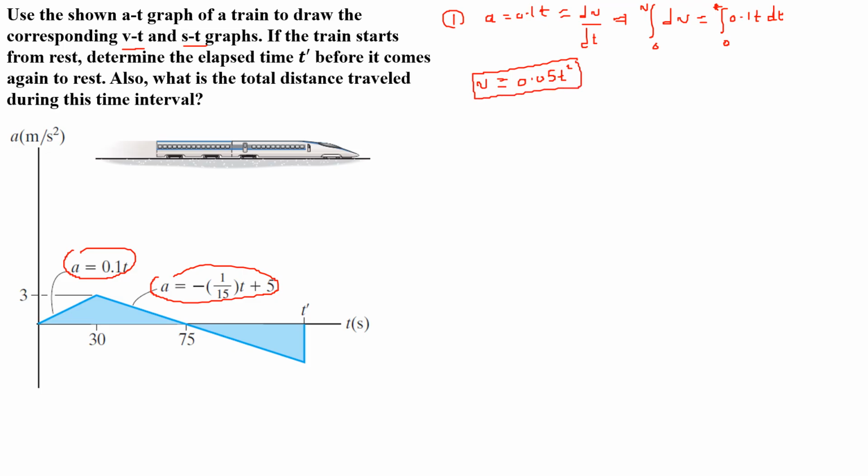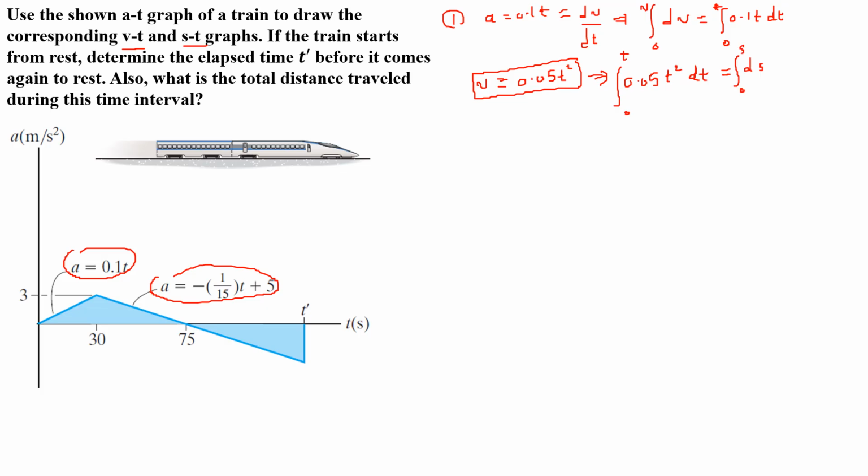I can also find the s function, the position function, right? I can say this also now equals ds over dt, right? So 0.05 t squared times dt equals ds. We'll do the same: we will integrate both sides from 0 to t and from 0 to s.